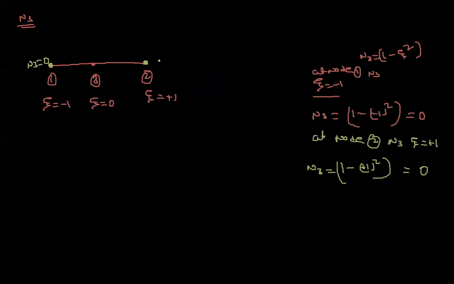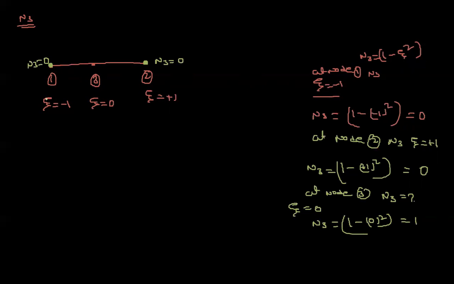So the n3 value at node point 2 is also 0. Now let us find the value of n3 at node 3. At node 3 zeta is equal to 0, so 1 minus 0 square becomes again 1. It is positive 1, which means at node point 3 the n3 becomes 1.